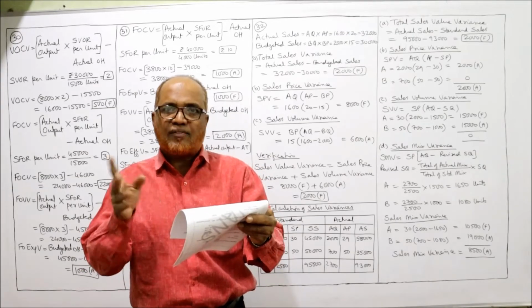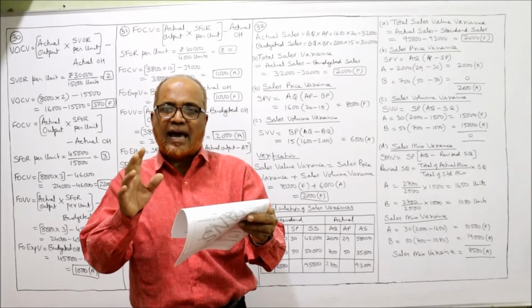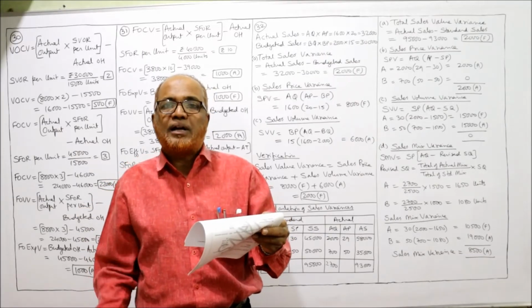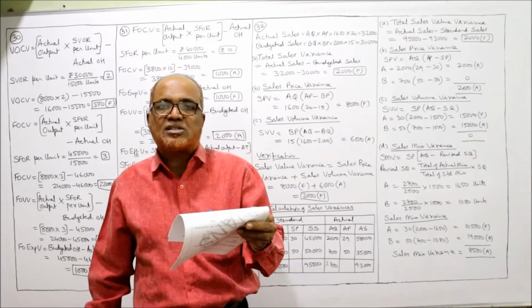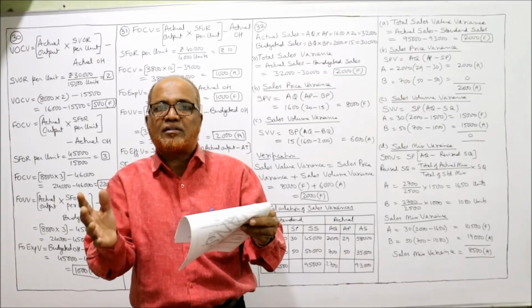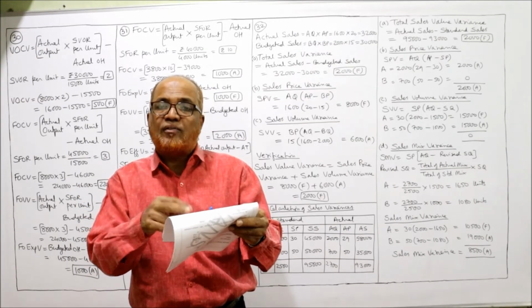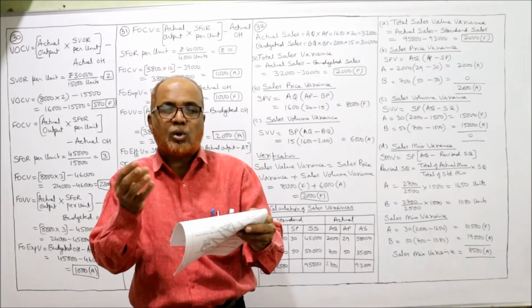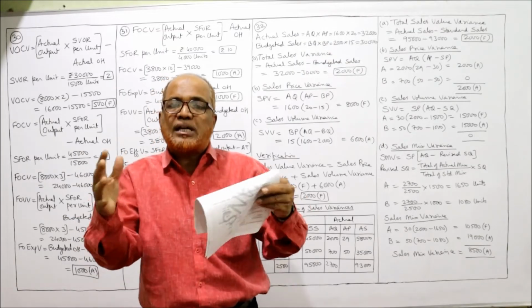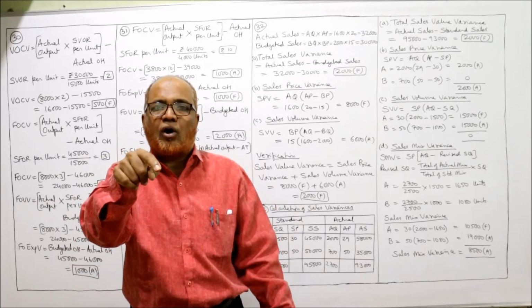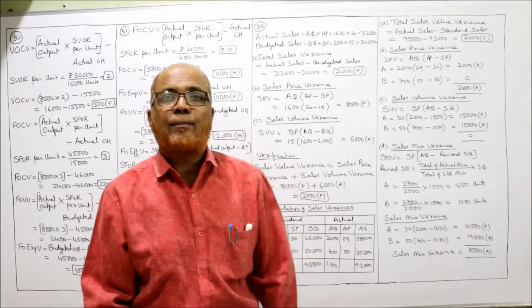So quantity is different, and selling price is different. That means total sales variance is arising on account of volume and on account of price.